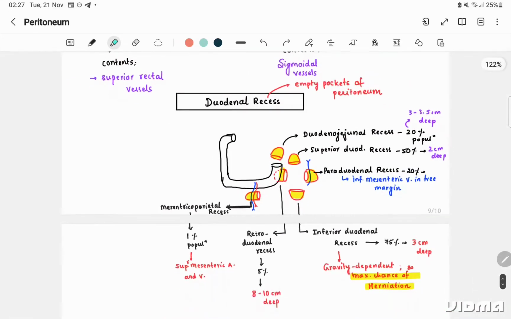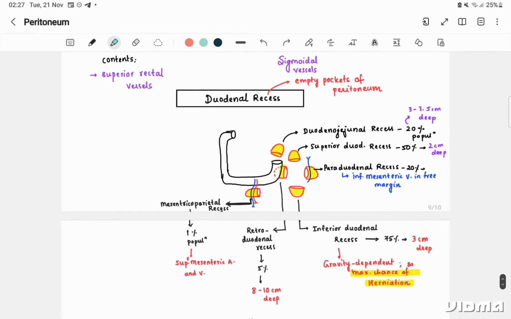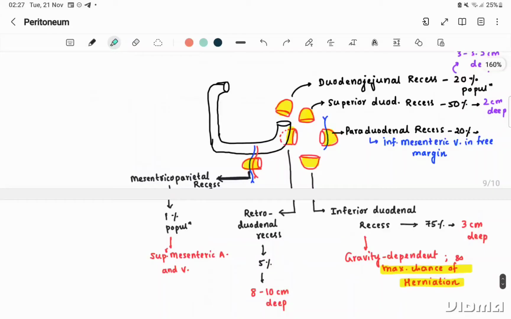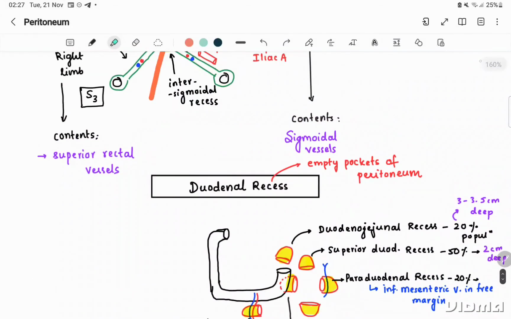So we have about 6 duodenal recesses: the duodenojejunal, mesenterico-parietal, superior duodenal, paraduodenal, retroduodenal, and inferior duodenal recesses. Okay, so this completes our peritoneum. Let's move on to the next part.